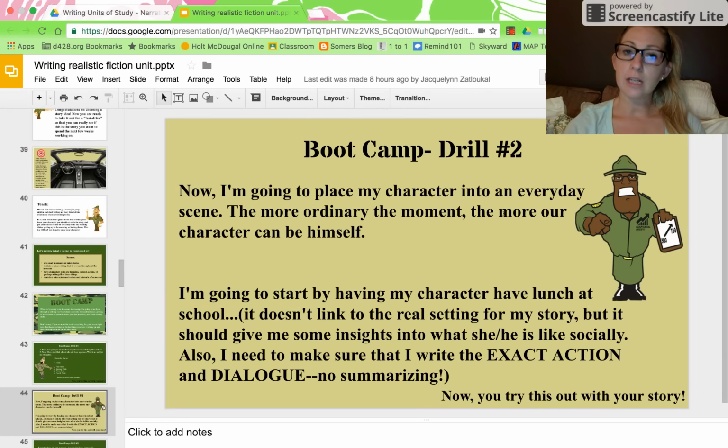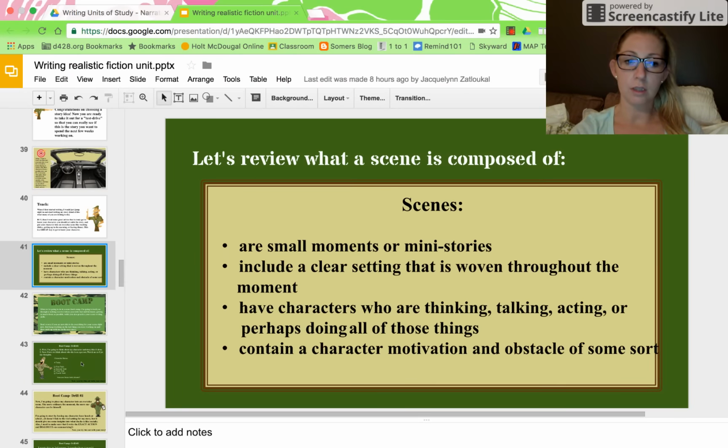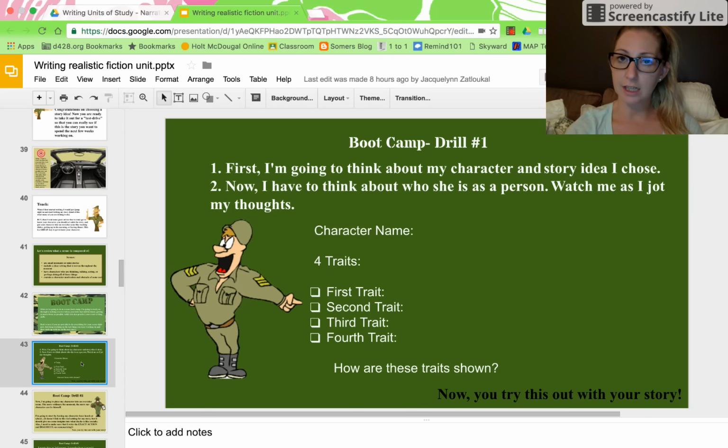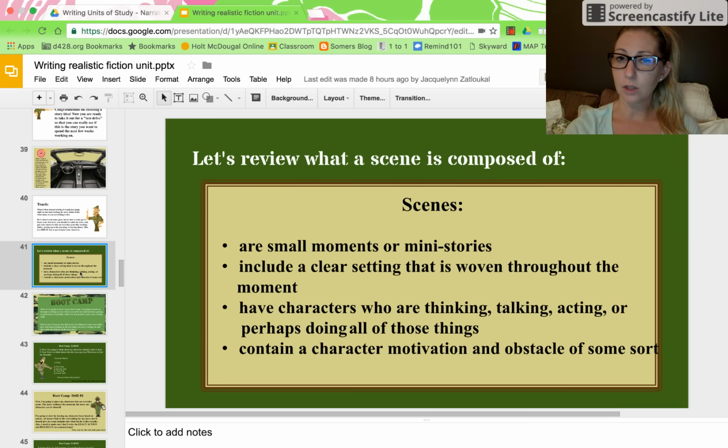All right, so yesterday you guys worked on the first drill, which was identifying character traits and coming up with a character name for the character that's going into your realistic fiction story. It's really important that today you understand what a scene is. Yesterday you were to have recorded this in your notebook.